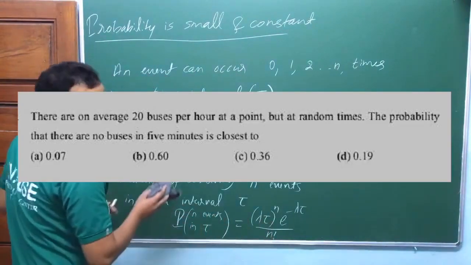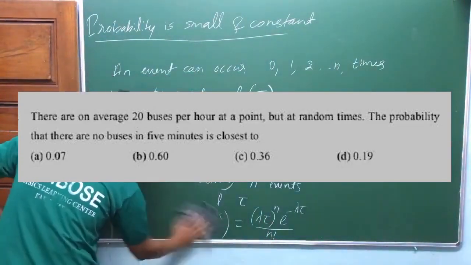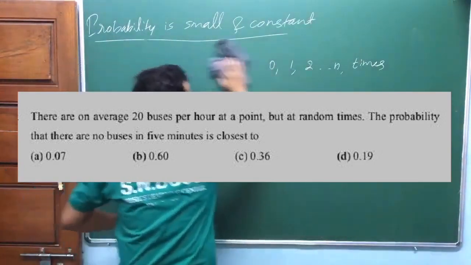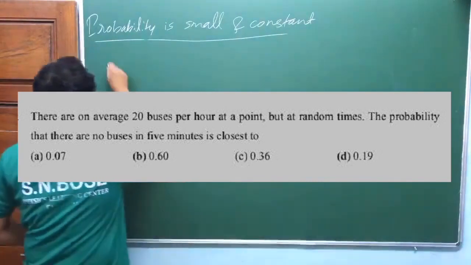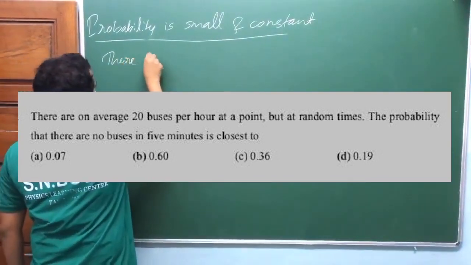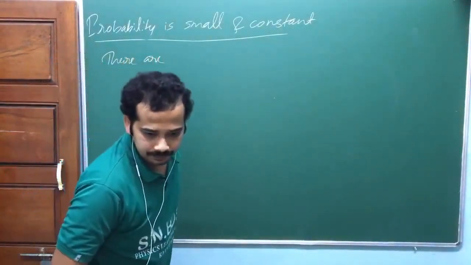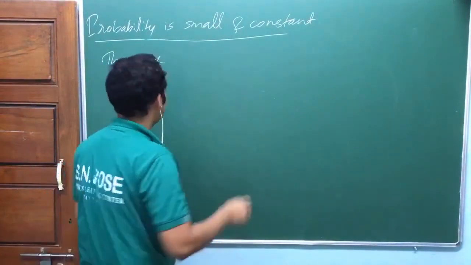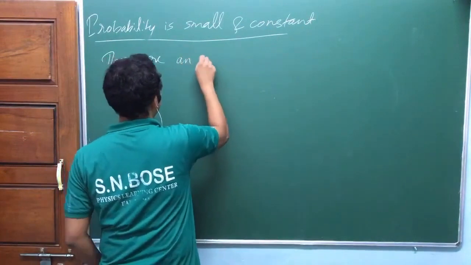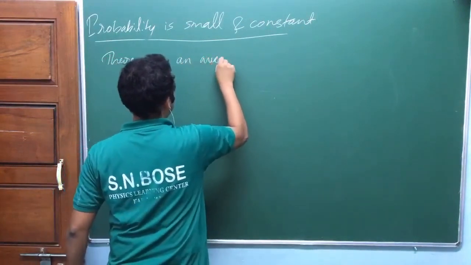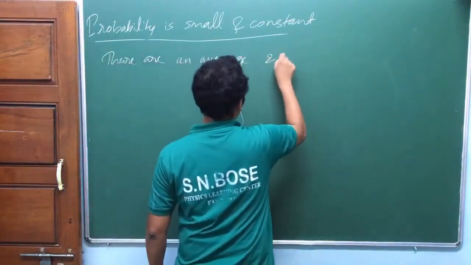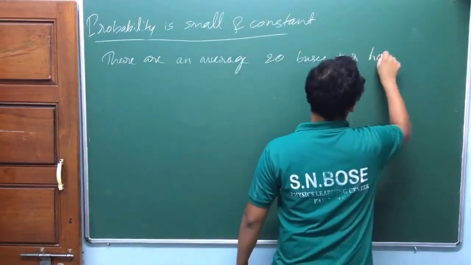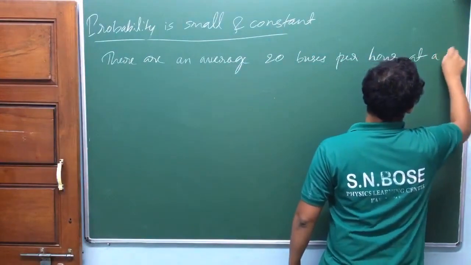There are on average 20 buses per hour at a point.